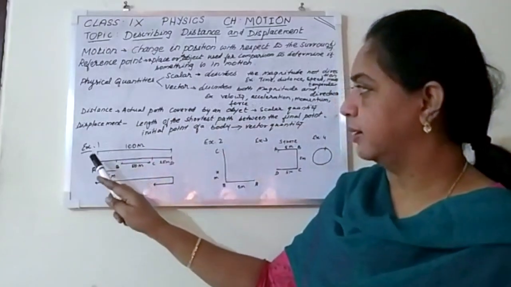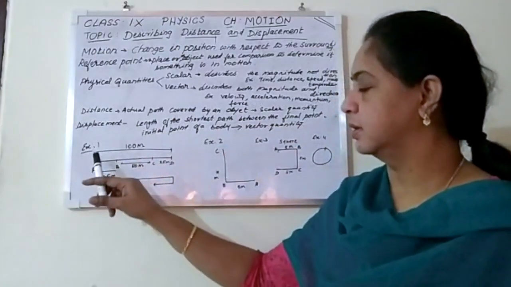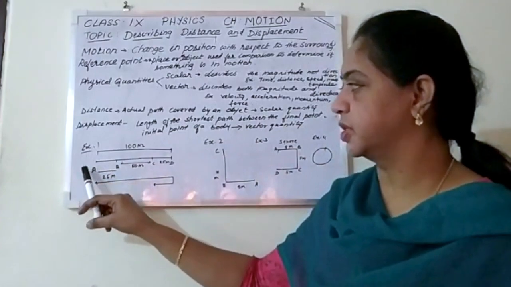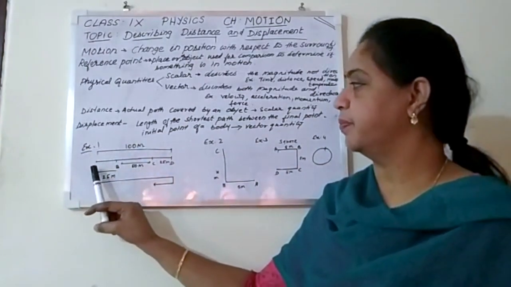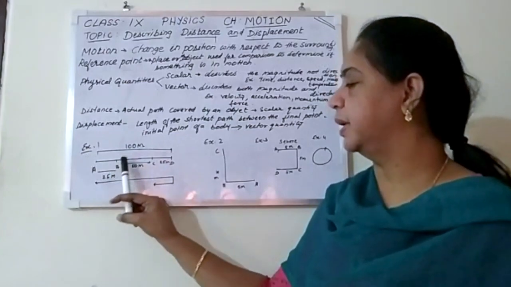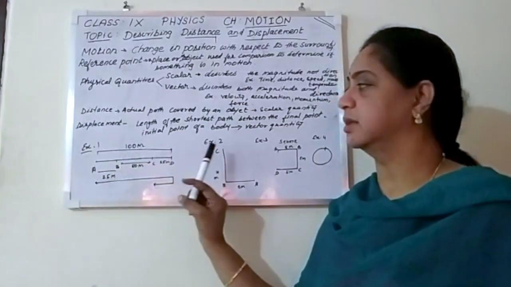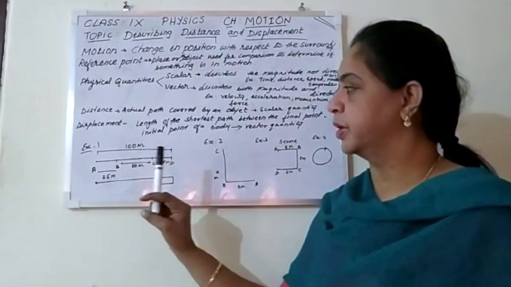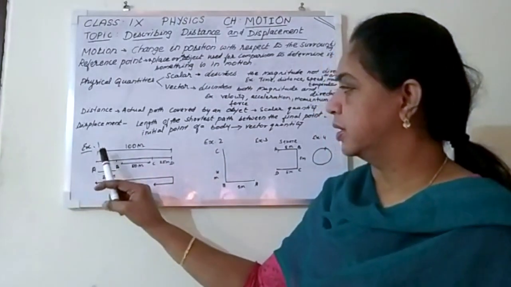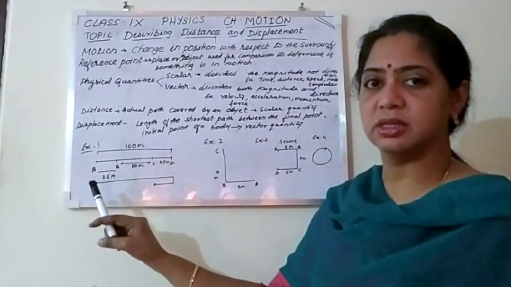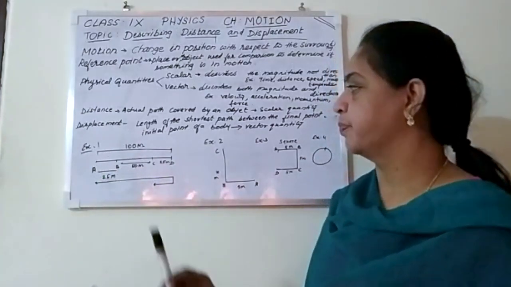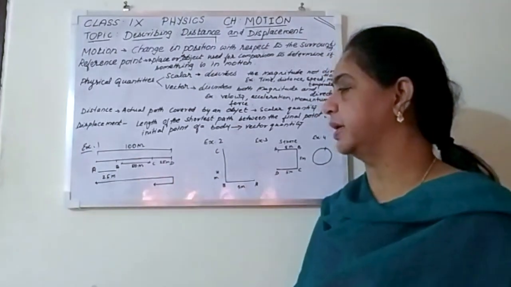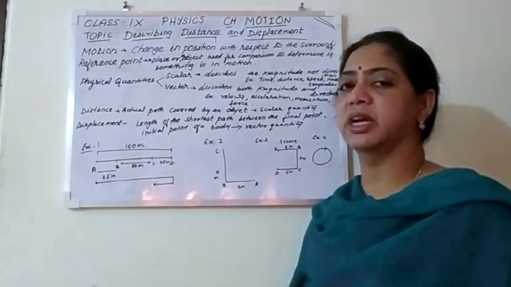So, if you are taking this example, the object moves from A to D. First, it starts from A to B, then B to C, then C to D. The destination is D. The distance covered by the object from A to B is 25 meter, B to C is 50 meter and C to D is 25 meter.